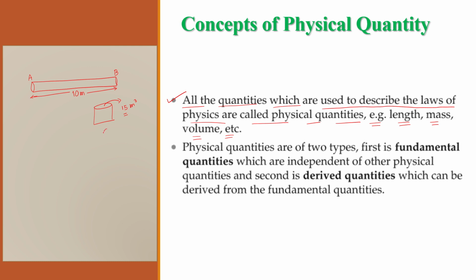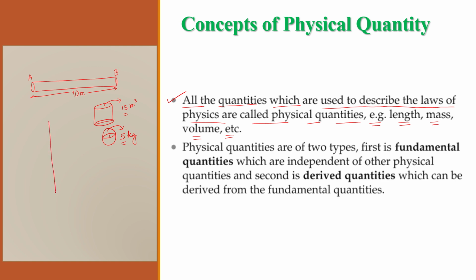Now we are considering the mass of a sphere, and suppose the mass of the sphere, it's a solid sphere, let us consider, is 5 kg. So this is also a measurable physical quantity. So the quantities which can be measured are called physical quantities. Let us consider another example.